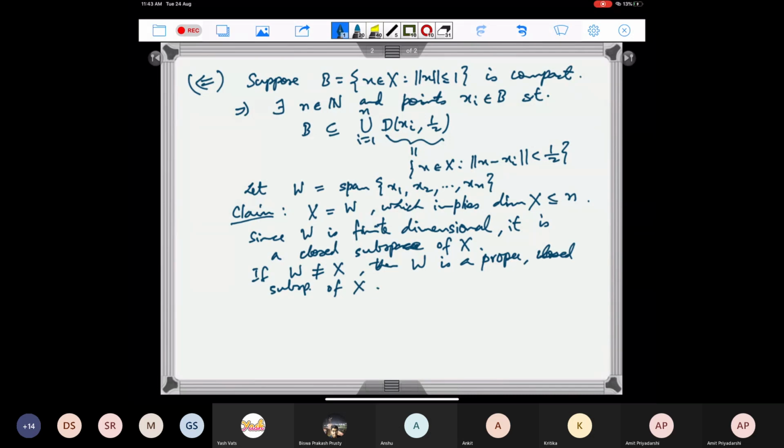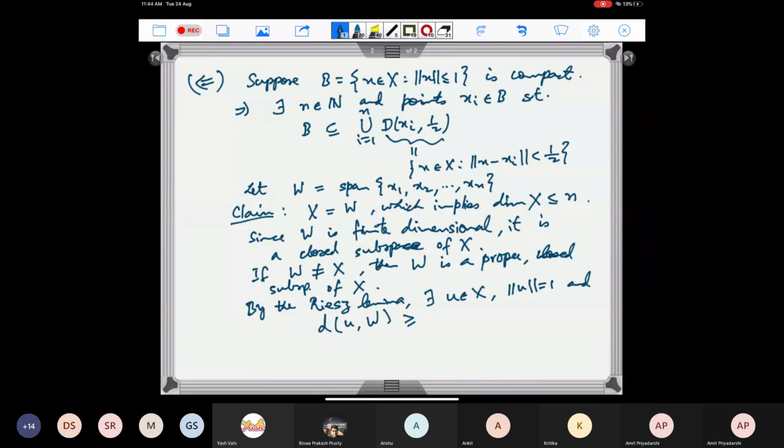So by Riesz's lemma, there exists u in X such that norm of u is equal to 1 and distance between u to W is greater than or equal to 1 minus epsilon.